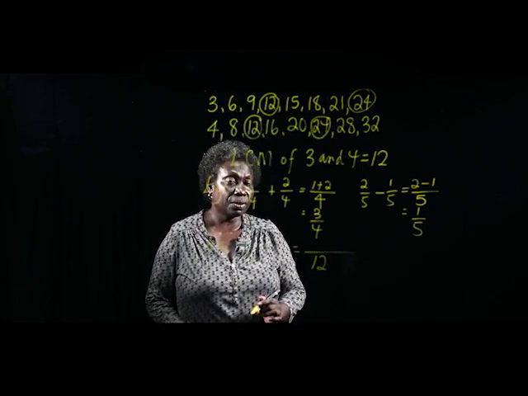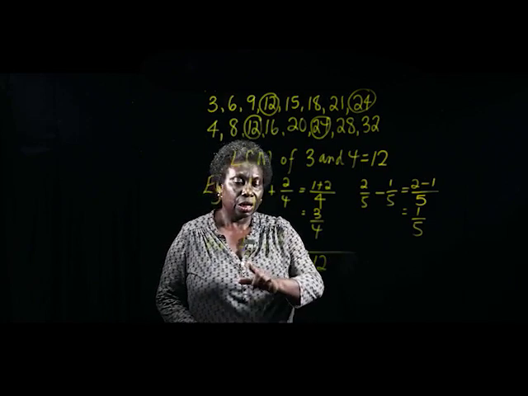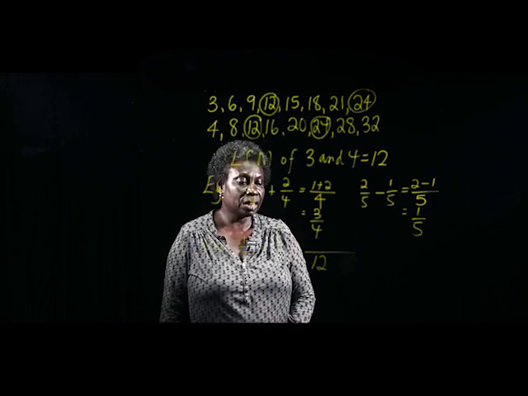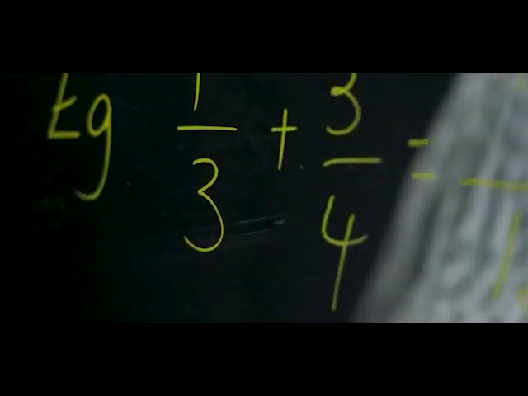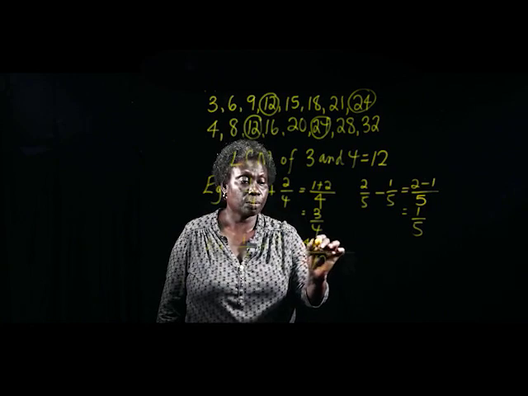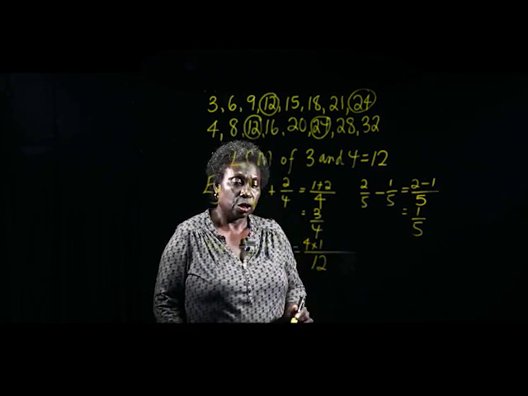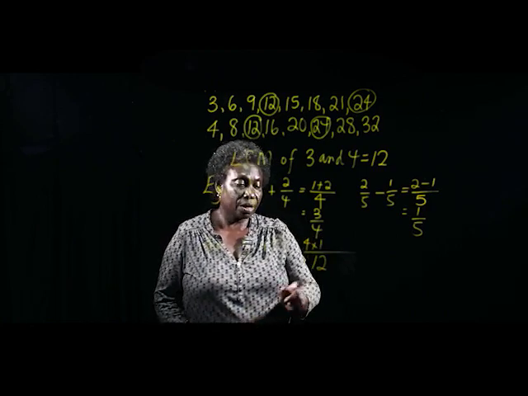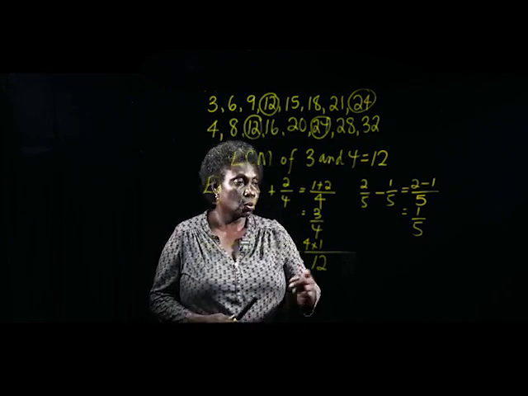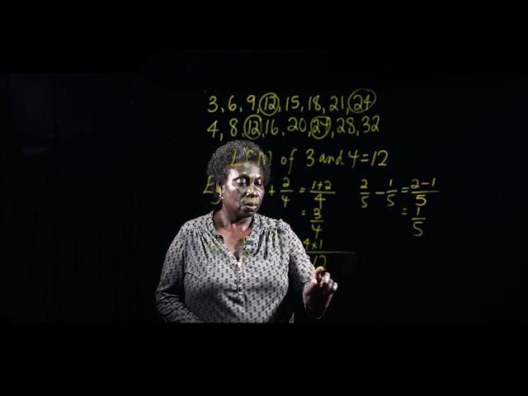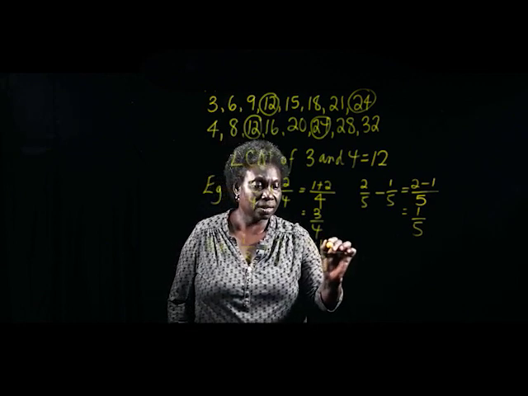I divide 12 each time by each denominator. 12 divided by 3 is 4. So I have 4 times 1. I multiply the numerator by the number that I got when I divided 12 by 3. Then I put a plus sign.